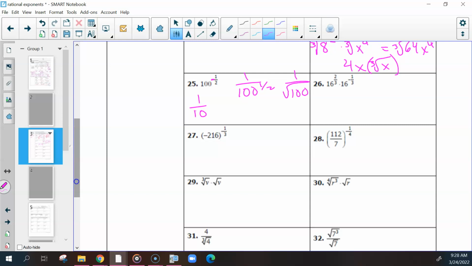We're not doing 26, but 26 also has a negative. 27 also has a negative. So taking that negative into account, how would we rewrite this first?